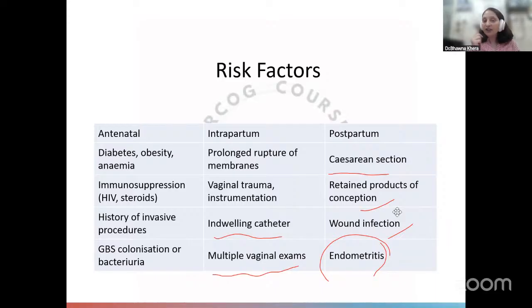You do the vaginal examinations. You can catheterize the patient so that way you can have a catheter in situ. Vaginal trauma, instrumentation you can do in this phase, and prolonged rupture of membranes can be there. Postpartum, it is the cesarean section, retained products can be there, wound infection, endometritis.